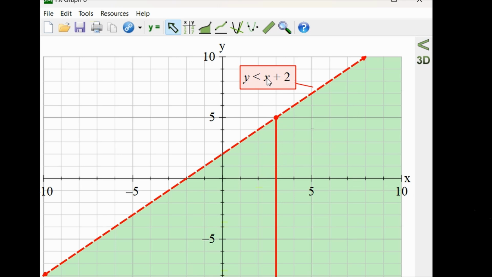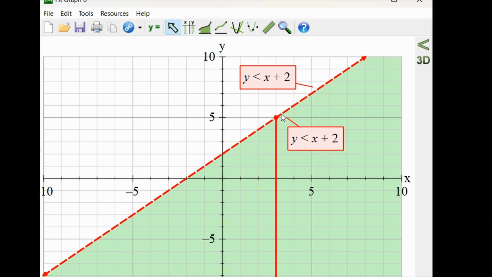X is 3, we said. So if x is 3, put 2 with it, you get 5. So if we come across here, that's 5. But we said it's less than. So it's all the values of y that are less than 5. So anywhere on that line there is our answer. But it has to exclude the actual point where x is 3. In other words, it has to exclude the value of 5 on the y-axis.